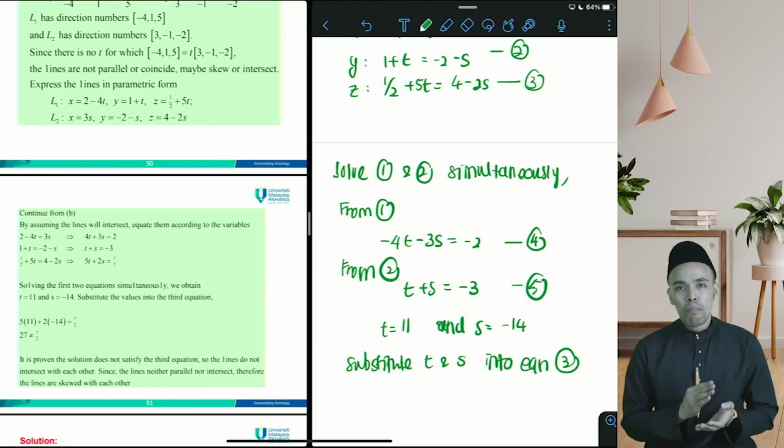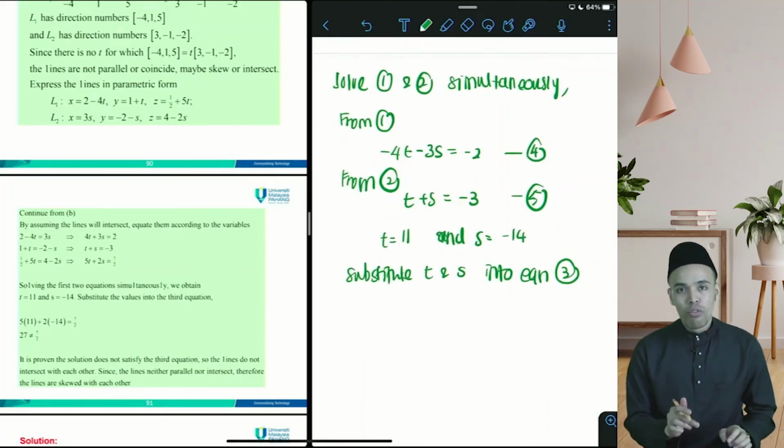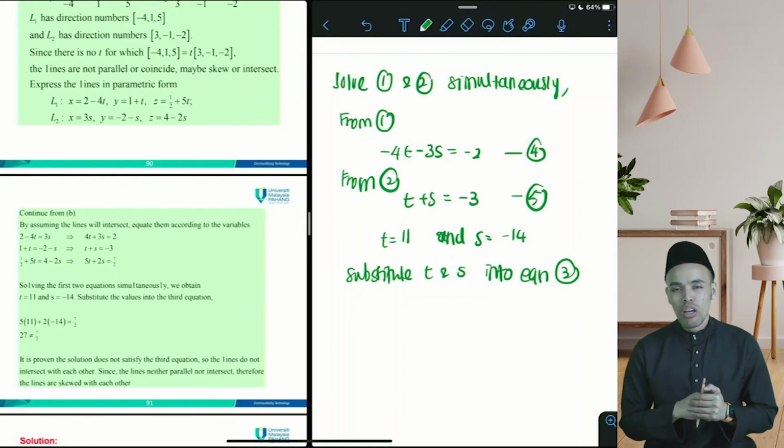Okay, if you are able to show that left hand side is equal to right hand side when you substitute the value of t and s, you can safely say that the two lines intersect with each other. But if that is not the case, then you can conclude that these two lines do not intersect with each other.